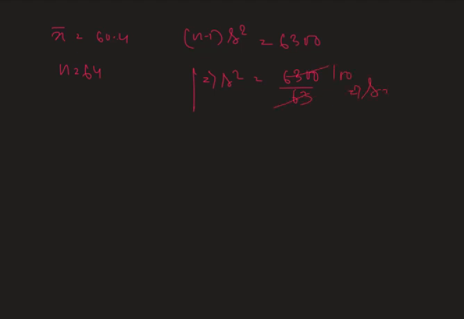Therefore the value of s is 10. Now the test statistic, root n times (x bar minus mu) divided by s, reduces to 8 multiplied by (60.4 minus mu) divided by 10.